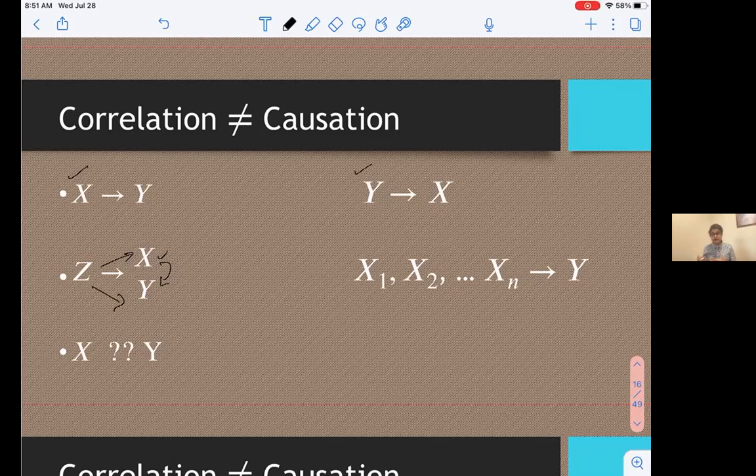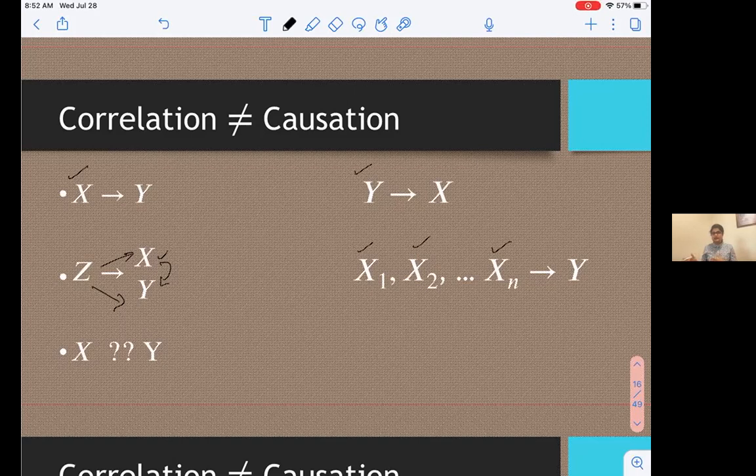Or there could be many others. If you remember, we discussed earlier in this chapter multiple linear regression, where there could be lots of factors making a change in a variable Y. That is our multiple linear regression, which we represent with many variables.